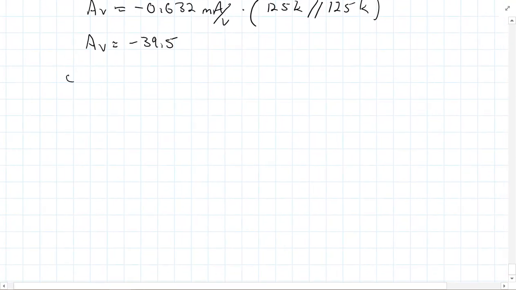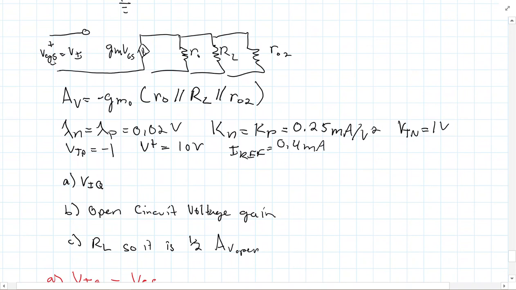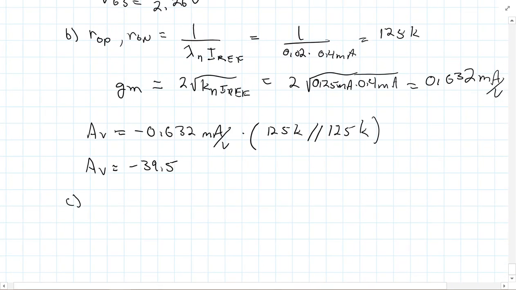And then for part C, what does our RL need to be so that the gain is 1/2? Well, remember we have the gain equation back here. That's negative GM times RO parallel with RL parallel with RO2. So we actually have everything we need. So the gain that I'm looking for is 39.5 divided by 2.